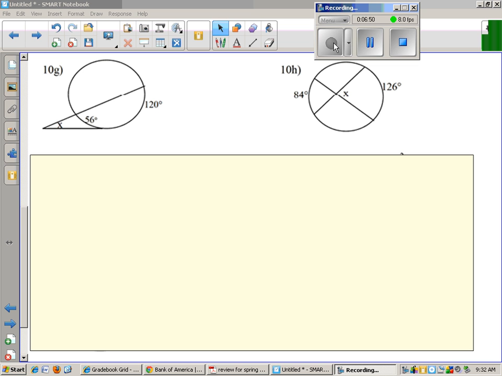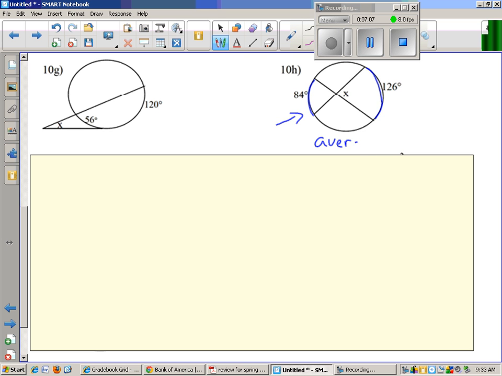We are back doing 10G in circles. Now, in the previous problems, we talked about how in this scenario here, you would add the two arcs and divide by 2. Basically, you're going to find the average of the two arcs, which would give you x.